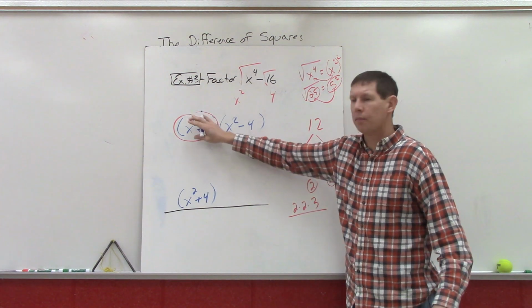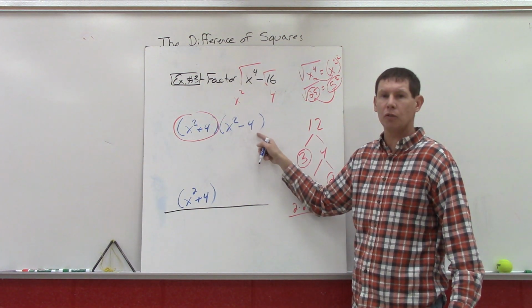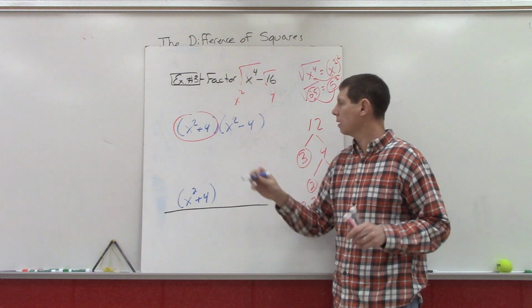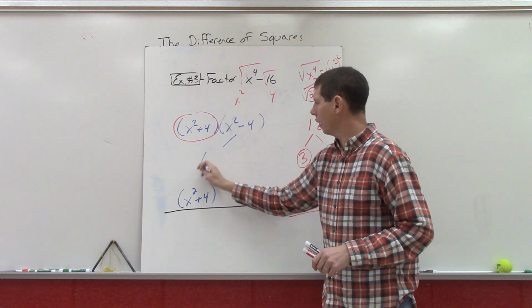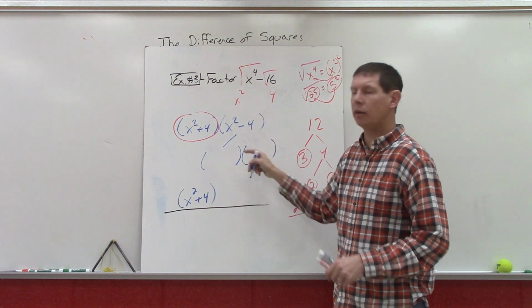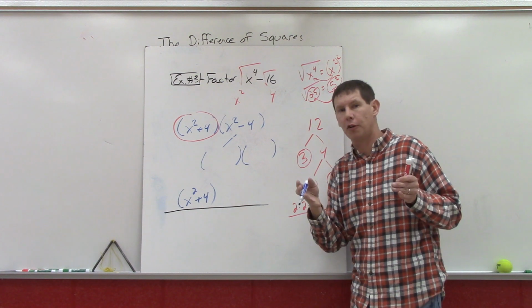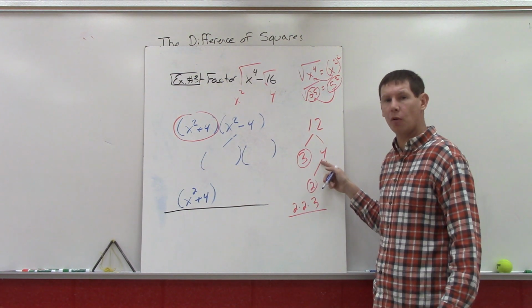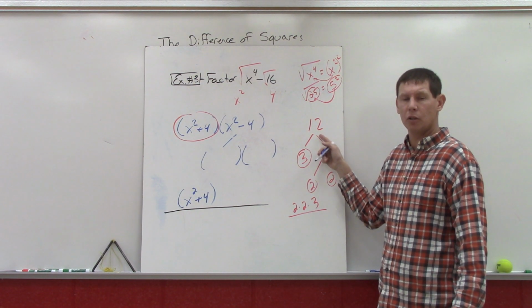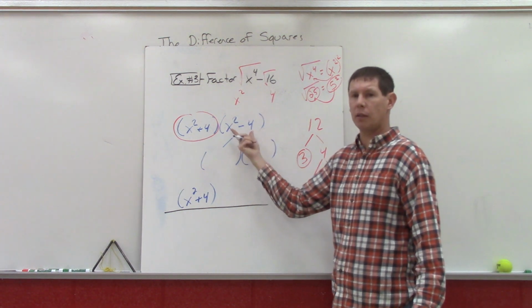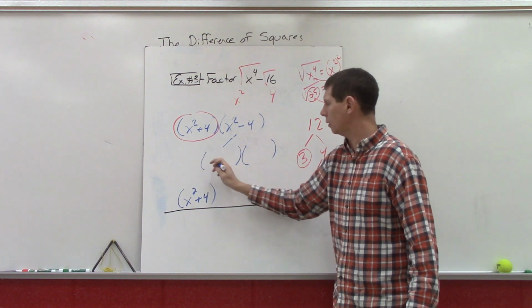That's no more. But x squared minus 4 is once again the difference of two perfect squares. So that means x squared minus 4 can be broken down further. Just like our number 4, when we factor 12, can be broken down further. We follow our rule. The difference of squares tells us to take the square root of x squared.